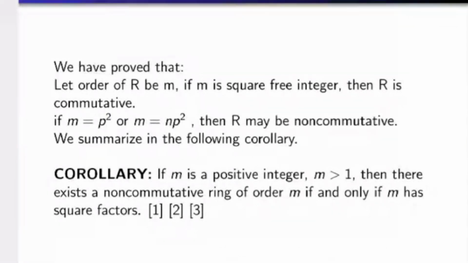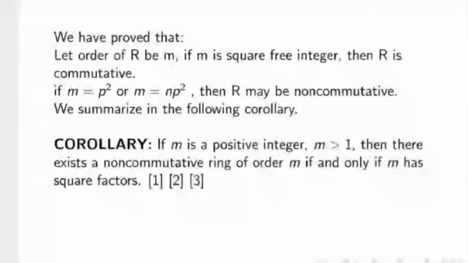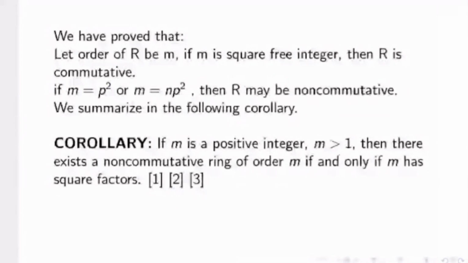And if the order is p square or np square, then R may be non-commutative. With these observations we have the corollary that if m is a positive integer greater than 1, then there may exist a non-commutative ring of order m if and only if m has square factors. So yes, with this we end.